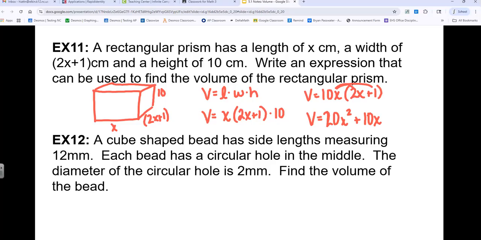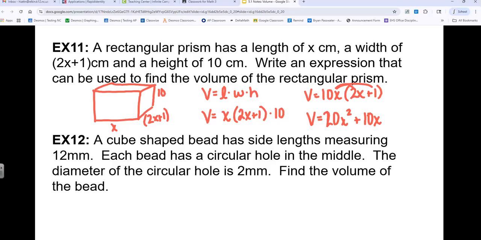Okay. Our last one, we've got a cube-shaped bead that has side lengths measuring 12 millimeters. Each bead has a circular hole in the middle. I should say cylindrical hole in the middle. The diameter of the circular hole is 2 millimeters. Find the volume of the bead.